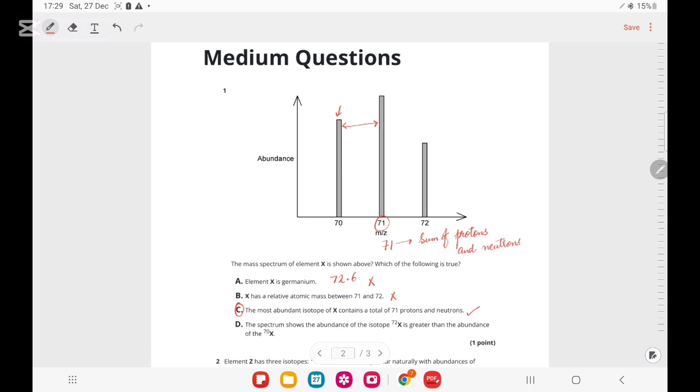So the value comes out to be C. They say that in D part the spectrum shows the abundance of the isotope 72X is greater than the abundance of 70X. No, it's not possible because 72 has the less abundance as compared to the 70. So this option would also not be true.